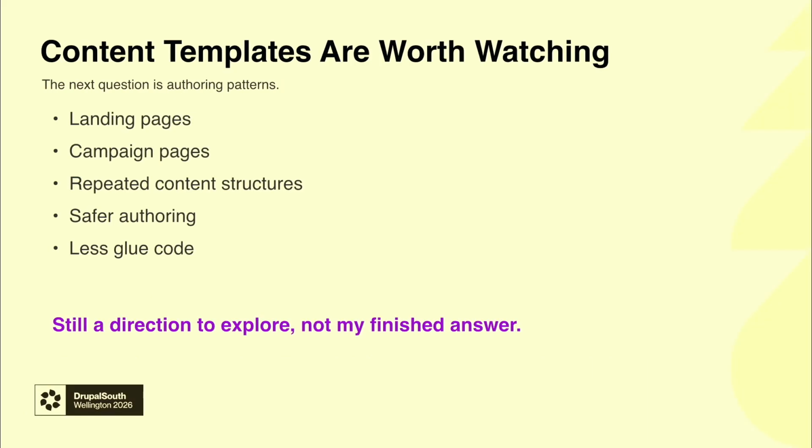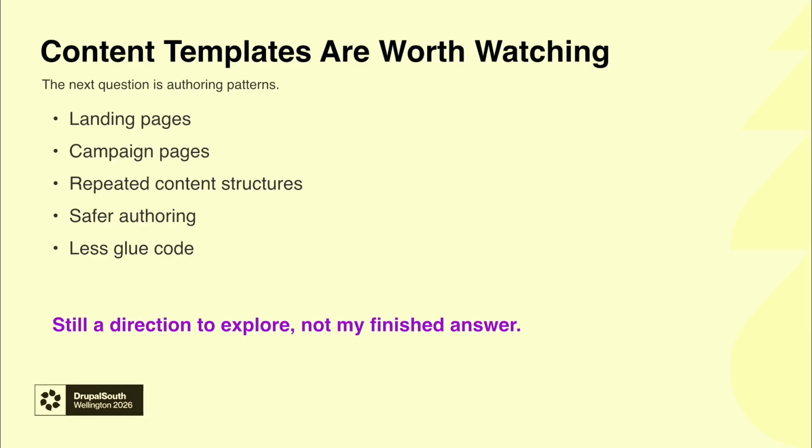So another direction, another module I was looking at, but I didn't spend too much time on that, is content templates. So far we have talked a lot, but the author sometimes still needs something one level higher, a starting pattern. For example, a campaign page or landing page may use several approved components together.